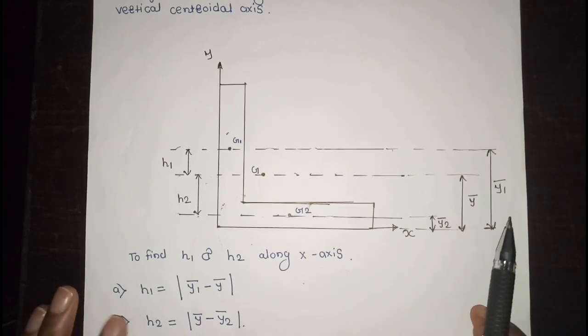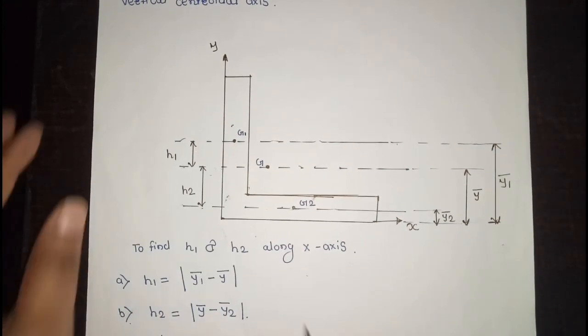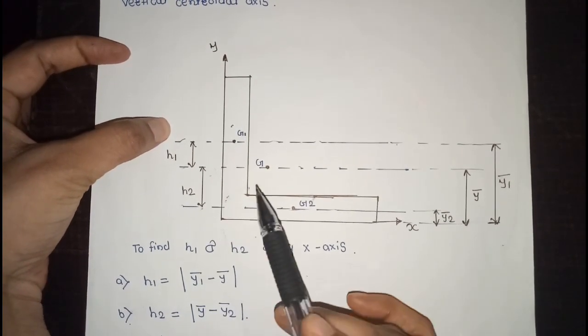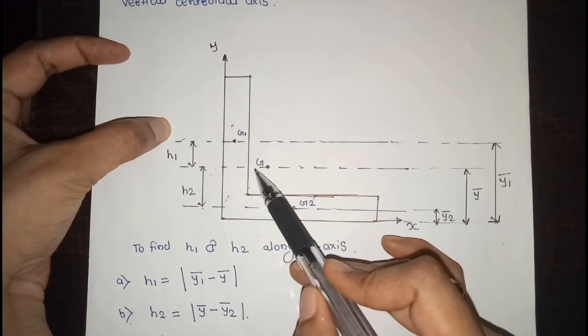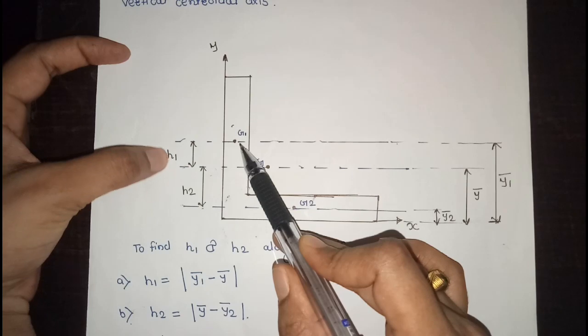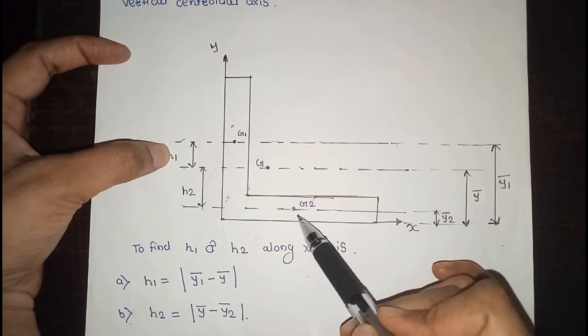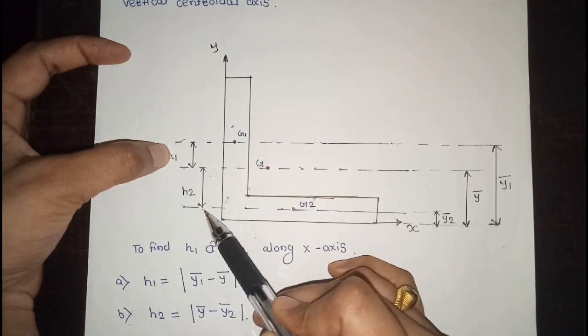Okay, so first of all calculate H1 and H2. What is meant by H1 and H2? Distance between point G to G1 is H1. Then distance between point G to G2 means H2.